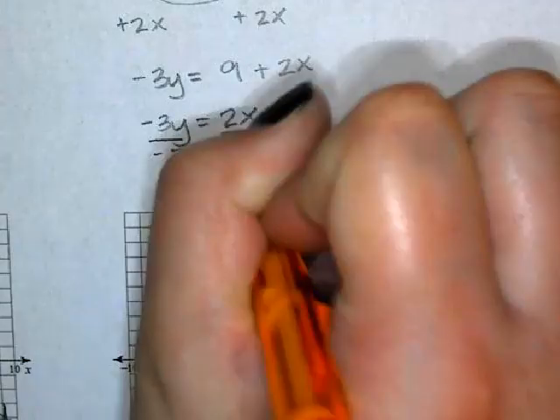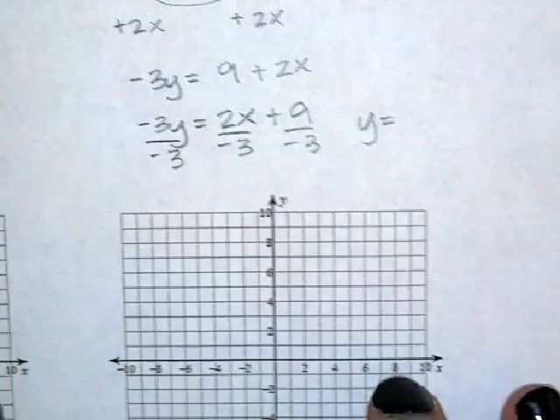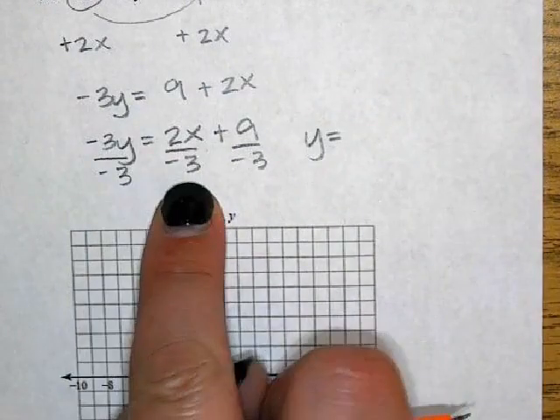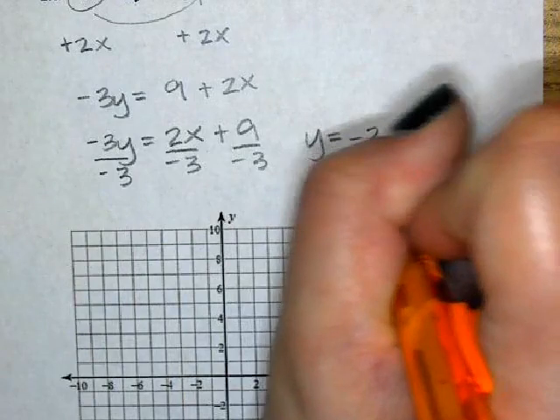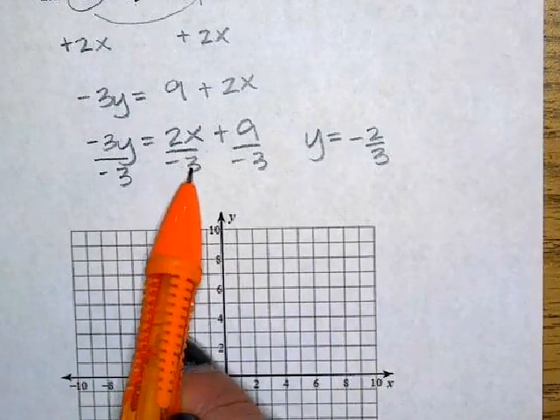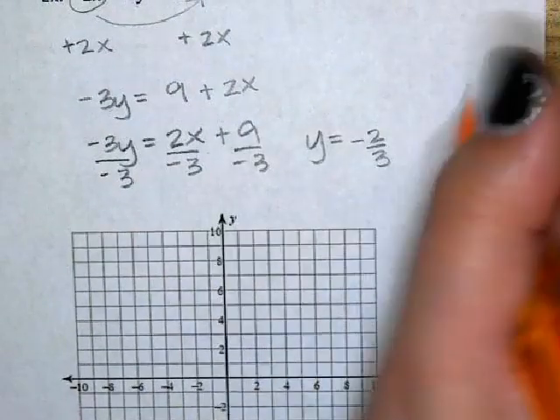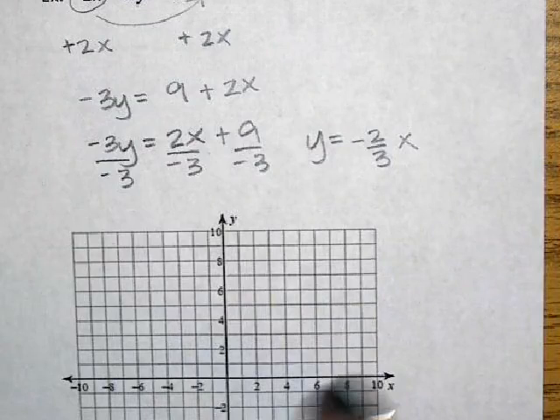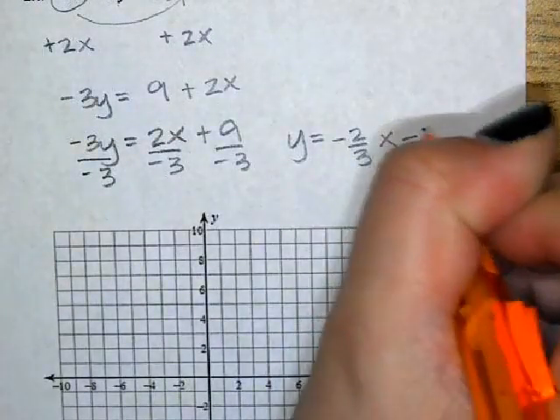So we get y equals, and then what did you guys get? Okay, negative 2/3. So when you have a negative on the bottom of a fraction, you can move it to the top or just move it to the front. You don't have to leave it on the bottom. You can, but you don't have to. Negative 2/3 x, and then what did you have? Minus 3. Okay, so go ahead and start graphing it.